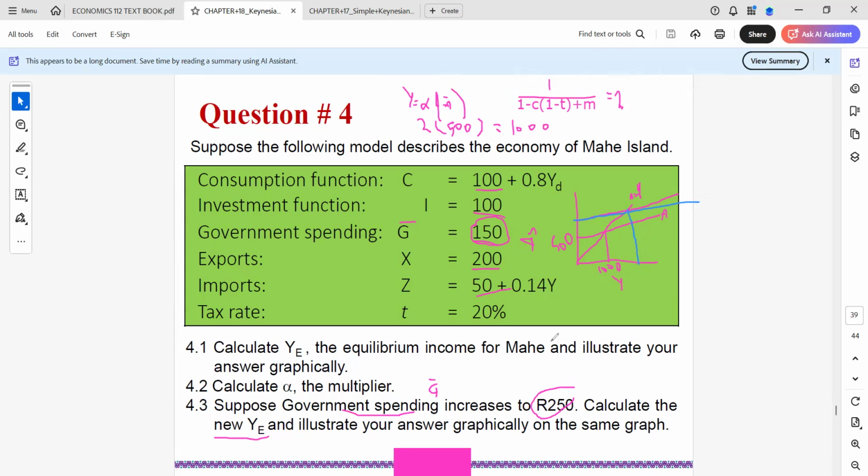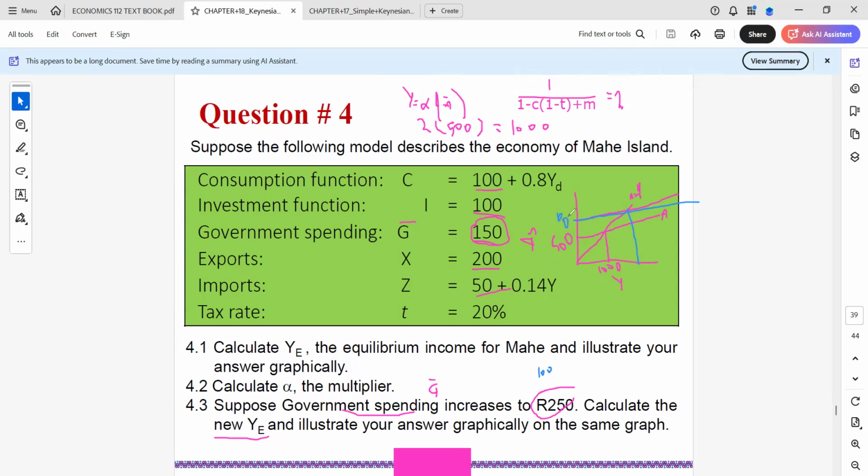They're saying that government spending is going to increase from 150 to 250. What was the increase? You just say 250 minus 150, so it increased by 100. So our autonomous components are going to increase by 100. So 500 plus 100 is 600.